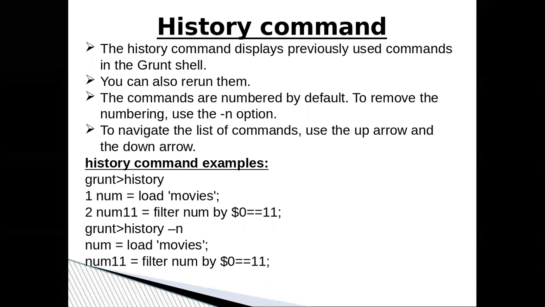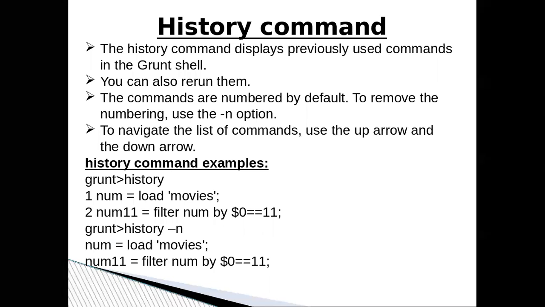Then the history command is there: whatever commands you are using in the grunt shell, their history is displayed. You can just use the arrow key to see the history, or you can use the history command to list all the commands that you've used in the current session. By default, the commands are numbered. If you don't want to see the numbering with the commands, you can use the -n option.